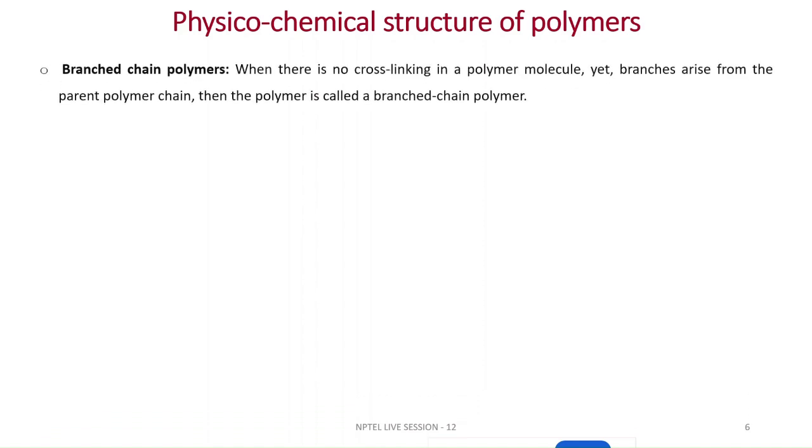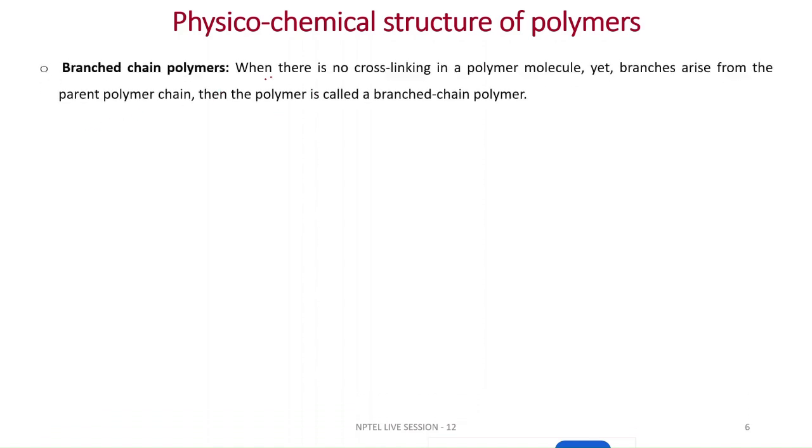Next one is branched chain polymers. When there is no cross-linking in a polymer molecule, yet branches arise from the parent polymer chain, then the polymer is called branched.